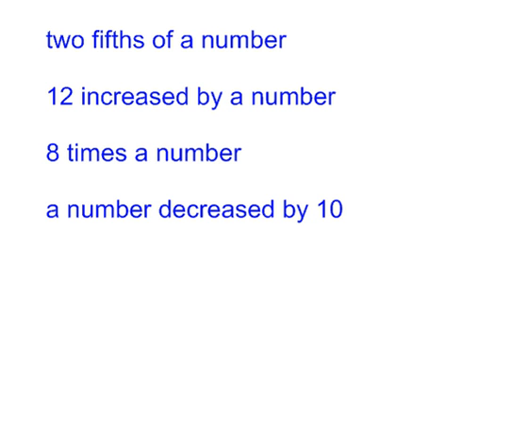We have 2/5 of a number. And 2/5 we can represent as 2 over 5. Of means the operation of multiplication. And of a number, I will use a, just because I have it handy here on my palette.